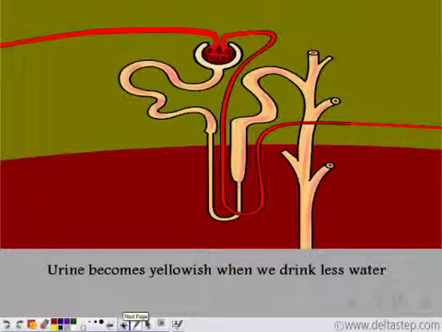Why does urine become yellowish when we drink less water? Well, this is because of the presence of a yellowish pigment in the glomerular filtrate, which is known as bilirubin.